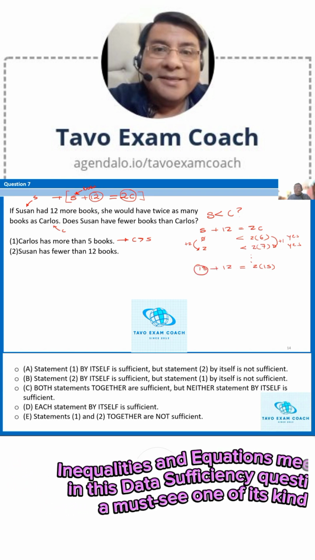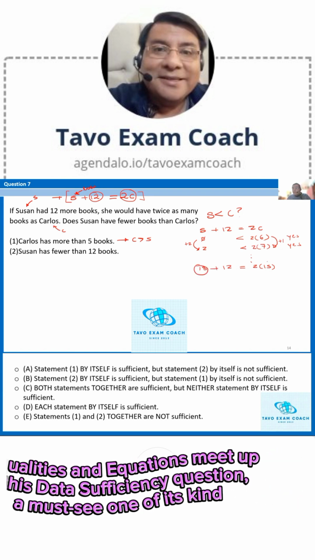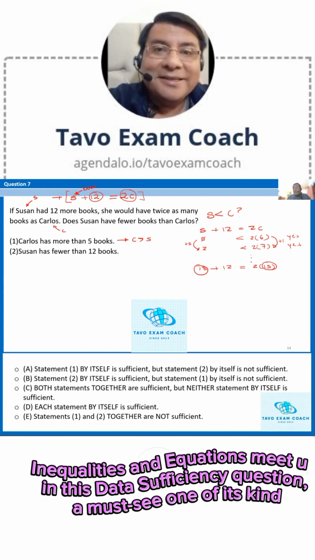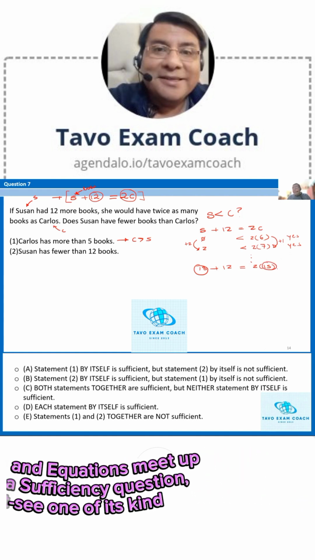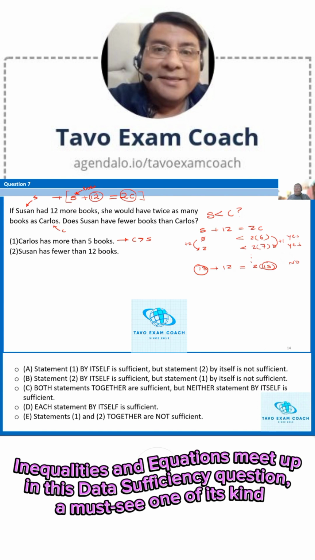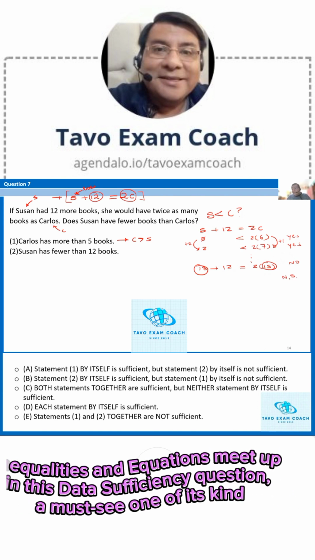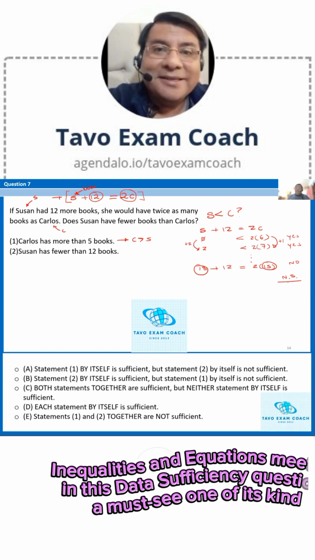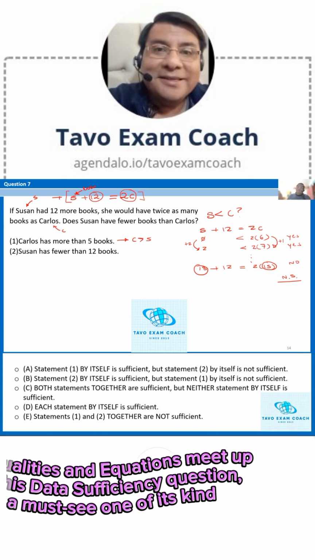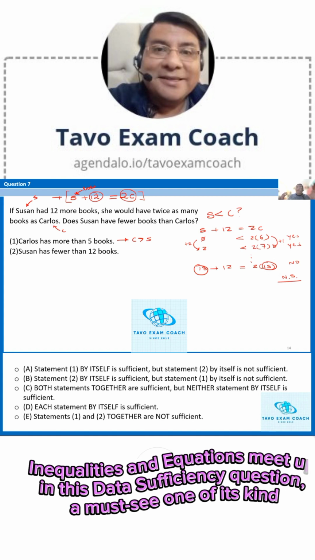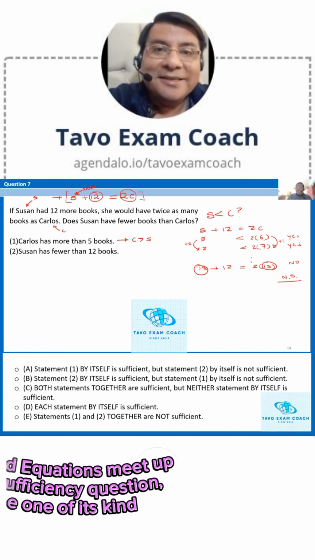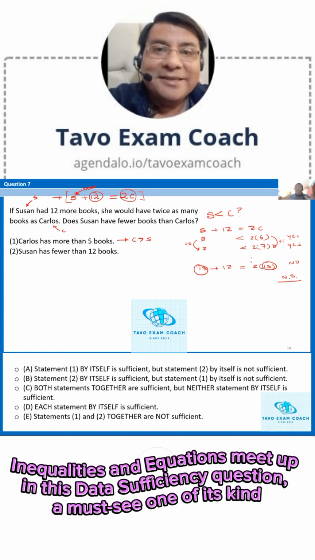So the number of books of Susan would be 18, while the number of books of Carlos would be 15. Now 18 is no longer less than 15, and we would have here a negative answer choice. So this statement is not sufficient. We can verify that Susan's books can grow rapidly in regard to those of Carlos.